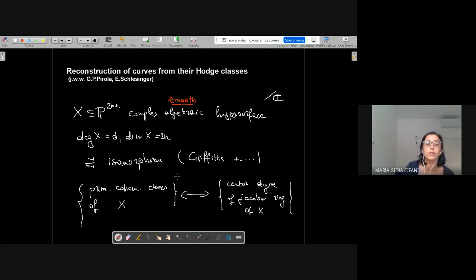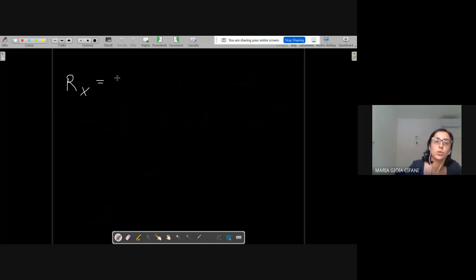The key point is that primitive cohomology classes of X can be represented by polynomials. That is the great tool of this isomorphism, easier things to handle. What is the Jacobian ring?